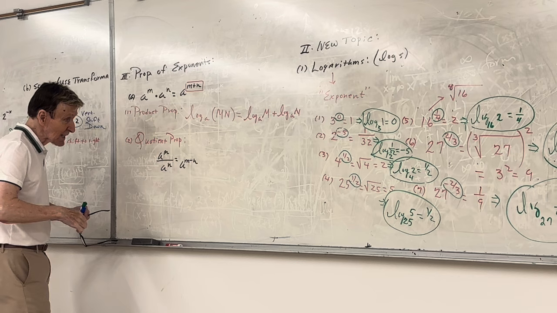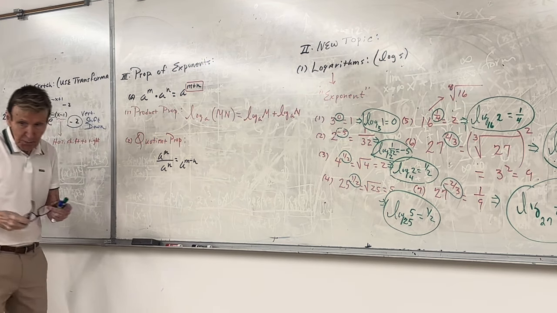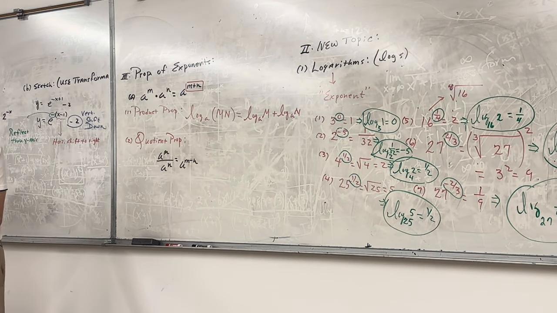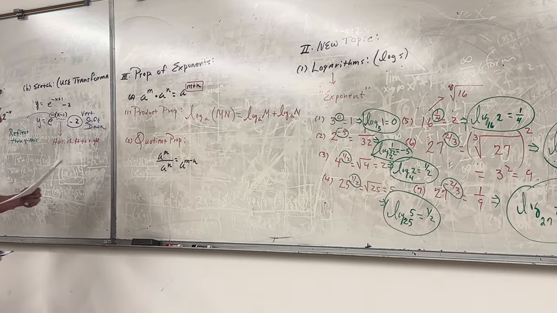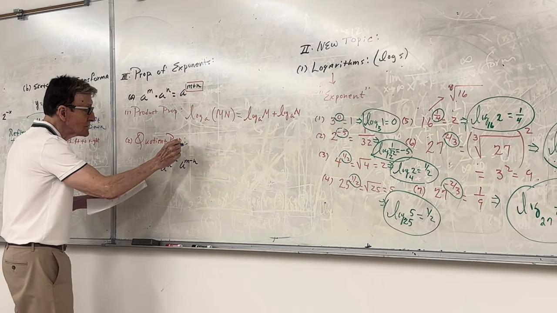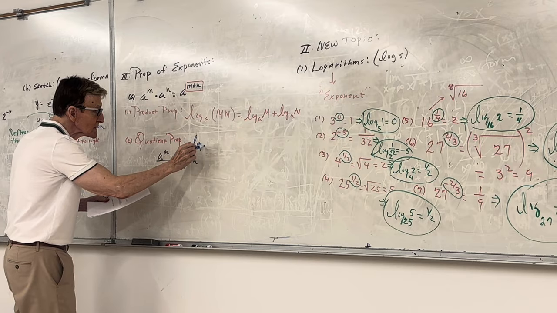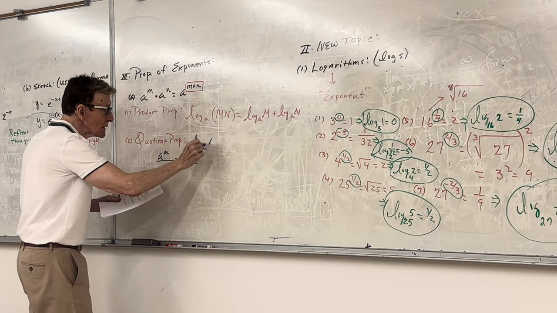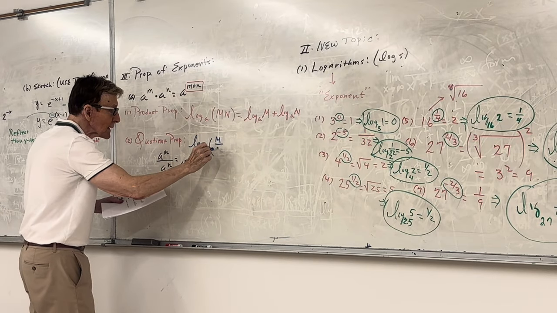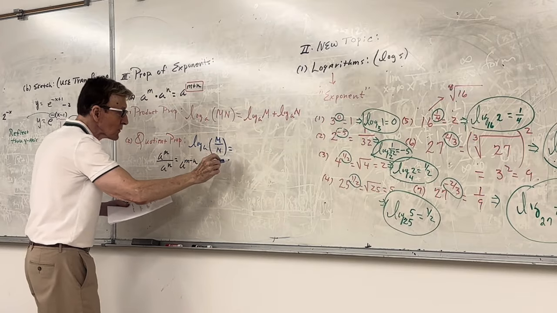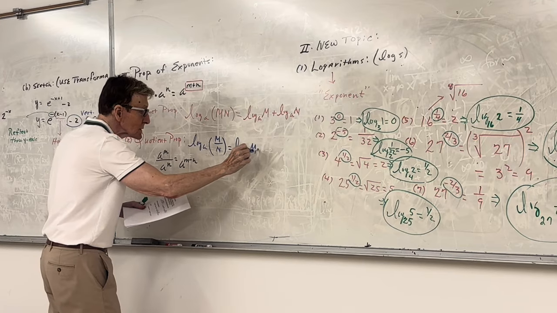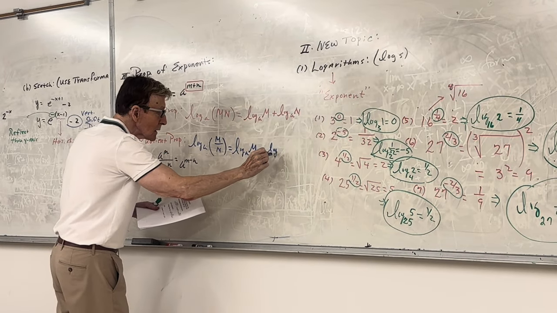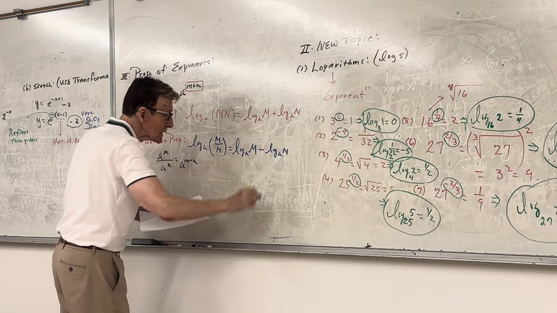Now, since I'm associating exponent with the word log, your textbook rewrites that, for the quotient property, as this. Quotient property. Log base a of a quotient, m divided by n, is equivalent to log base a of m minus log base a of n.